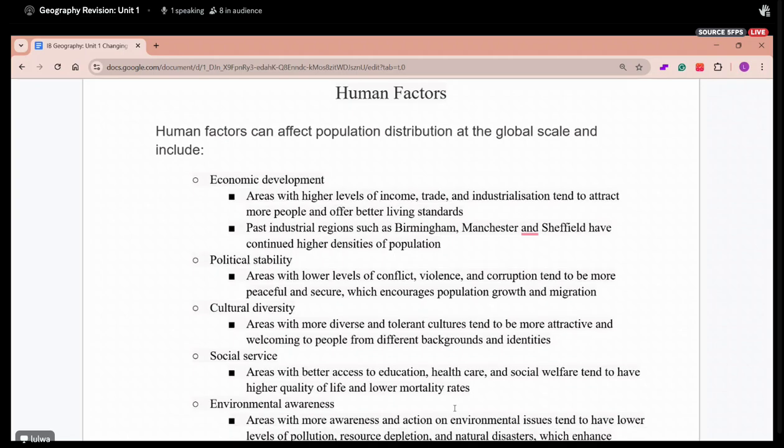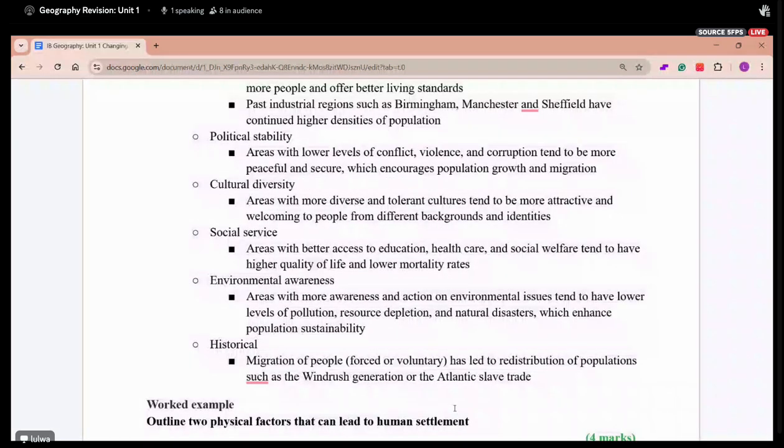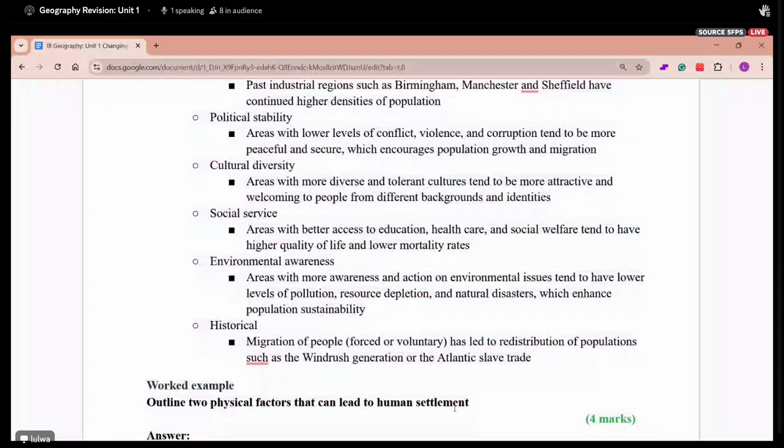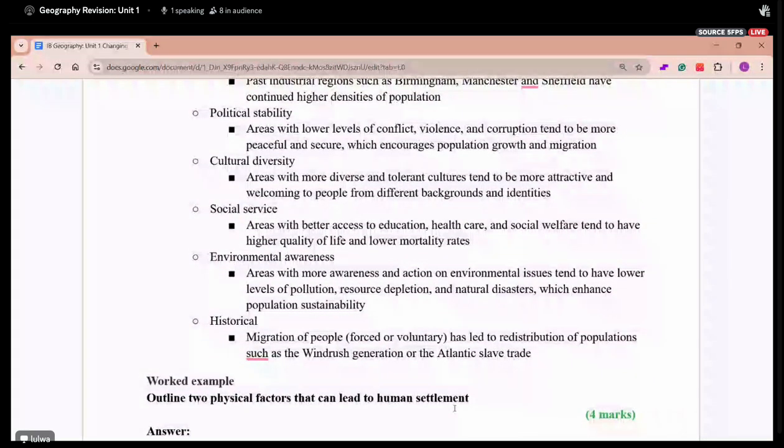You also have cultural diversity. Areas with more diverse and tolerant cultures tend to be more attractive. Social factors, you have areas with better access to education, healthcare, and social welfare, which tend to have a higher quality of life and lower mortality rates. You also have environmental awareness, so areas with more awareness and action on environmental issues tend to have lower levels of pollution, and you also have historical factors.